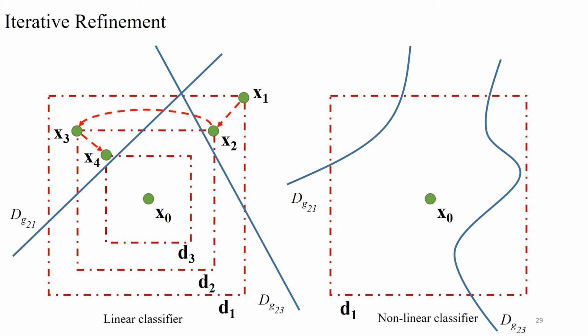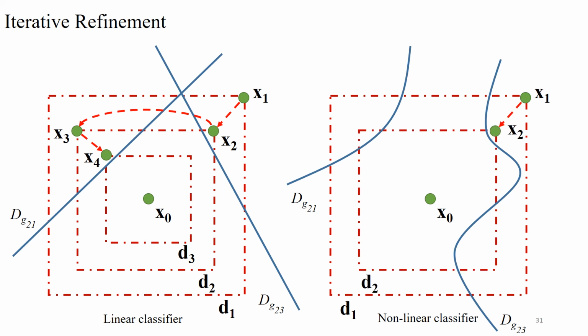The iterative refinement process for nonlinear multiclass classifiers is similar. Starting from an adversarial example x1, we find a closer adversarial input x2 through bisect search.